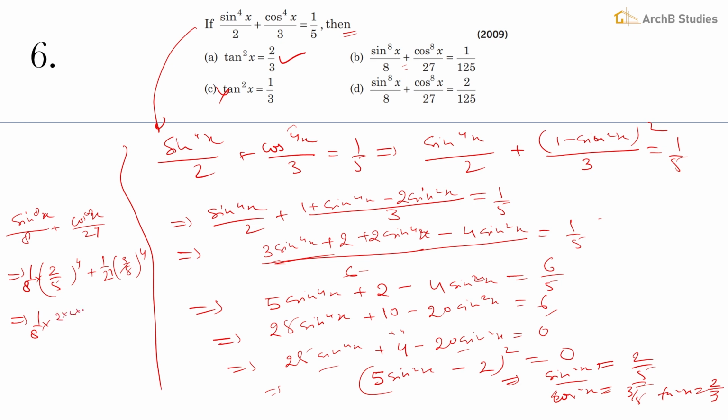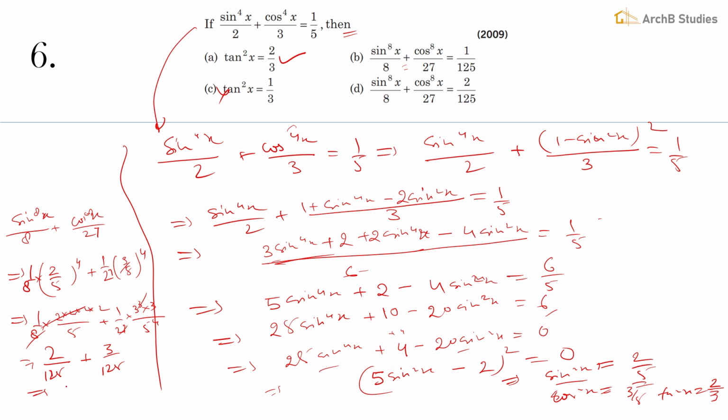2 into 2 into 2 will be 8, into 2 divided by 4. 1 by 27, 3 into 3 into 3 upon 5 to the power 4. This will be cancelled. We will get 2 upon 125 plus here we will get 3 upon 125.